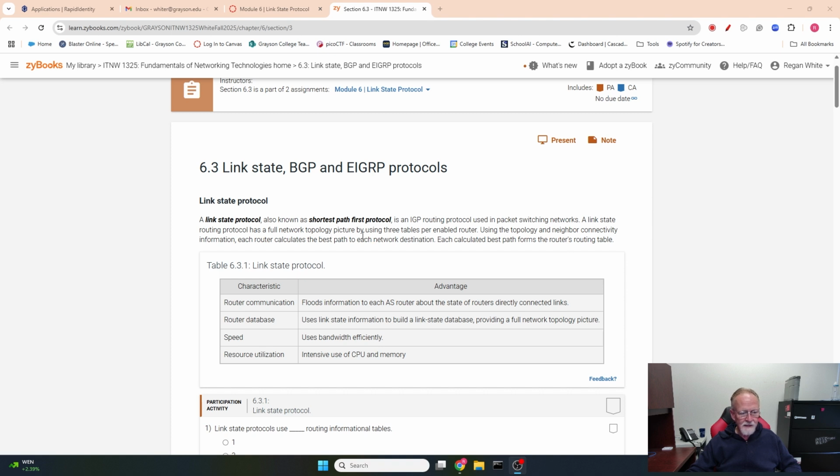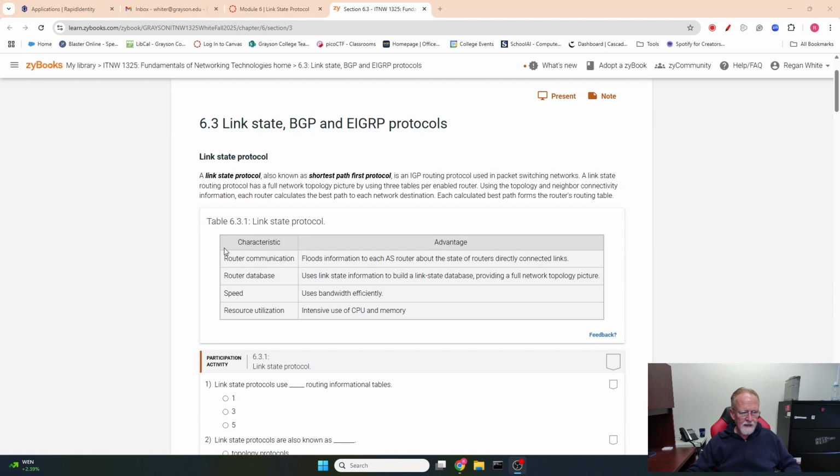So it's got the complete logical network stored, and it uses 3 different tables per router. Using that topology model and the connectivity of its neighbors, it pings its neighbors when it gets put on the network, and then it determines the shortest routes. That is the purpose: it determines where the shortest and quickest routes are.